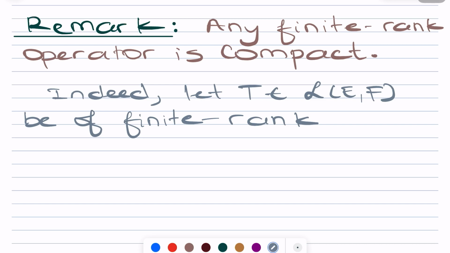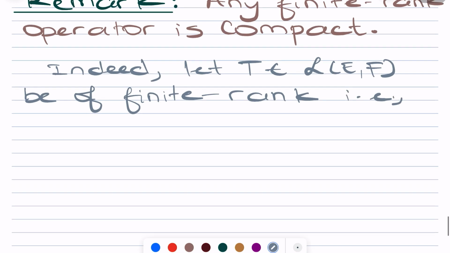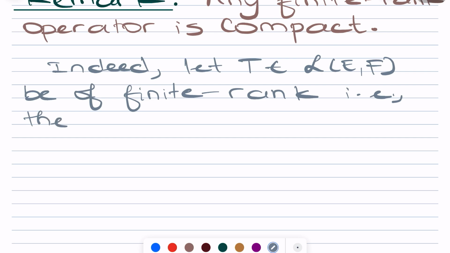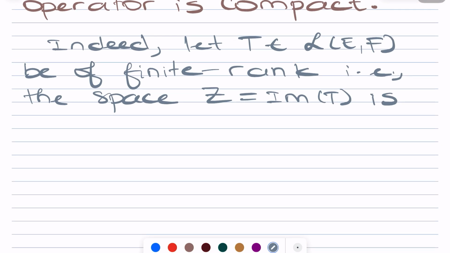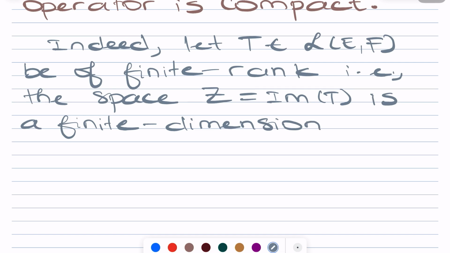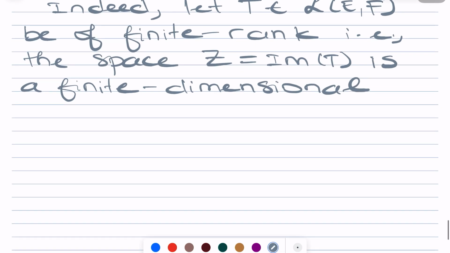This means that the space, I will call it Z, the image of T, is a finite dimensional normed space.